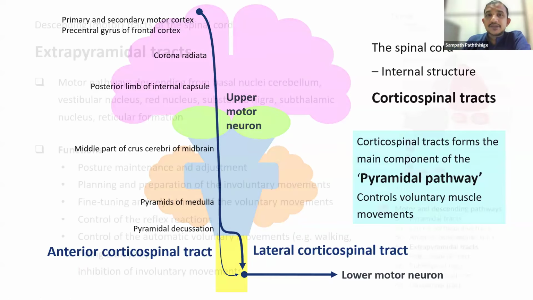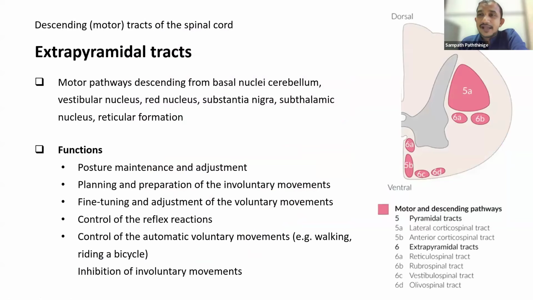But in addition, we have a lot of extrapyramidal tracts which are arising from different basal nuclei, right? Substantia nigra, right? The red nucleus. Some fibers arising from the vestibular nuclei, so that is concerned with maintaining the posture. Reticular formation, right? That is a very diffuse collection of neurons in the brainstem.